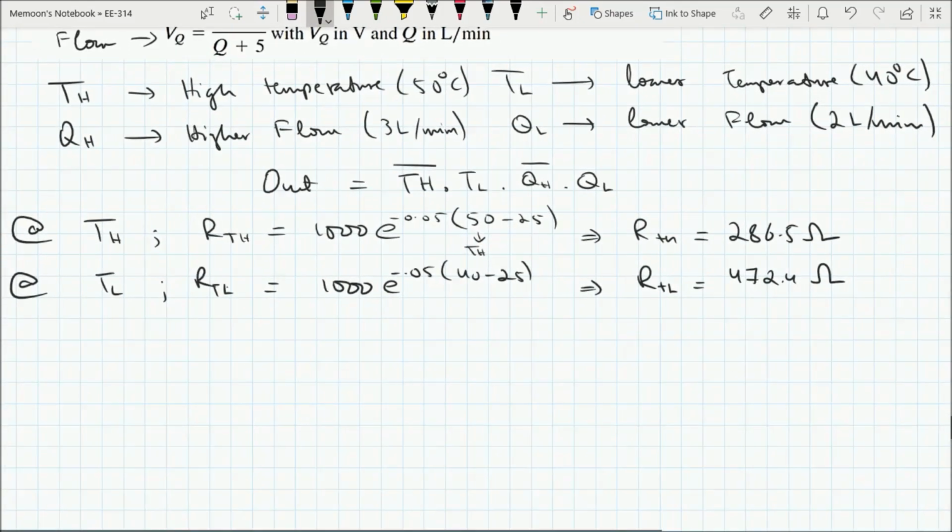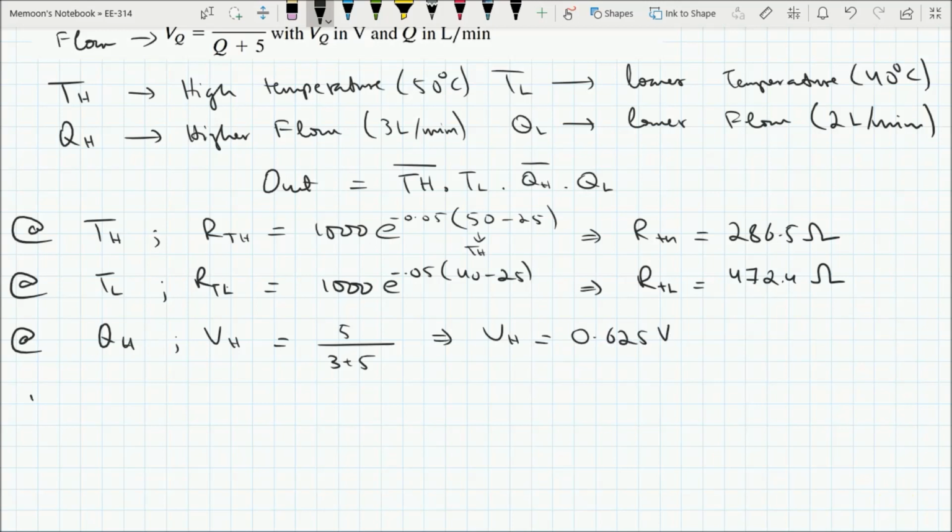Then moving on to the flow sensor, at QH, VH is equal to 5 over (3 plus 5). This gives us VH equal to 0.625 volts, and at QL, VL is equal to 5 over (2 plus 5), and this gives us VL equal to 0.714 volts.